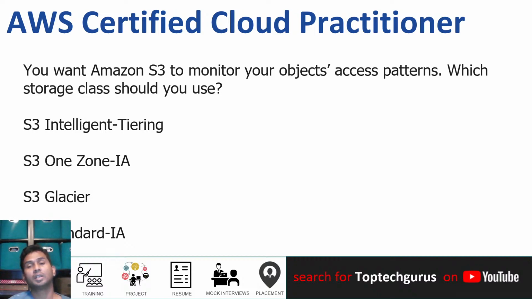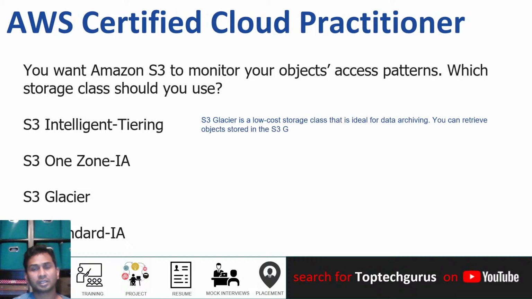You store for very low money, but it doesn't really monitor your object's access patterns. So to monitor and change your objects from one tier to another, you actually use something called S3 intelligent tiering. So that should be an answer.